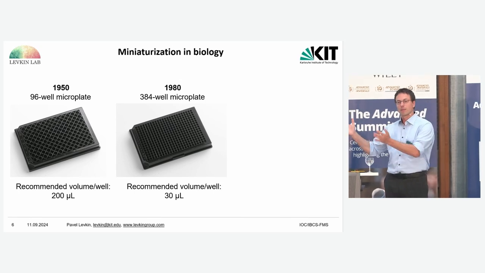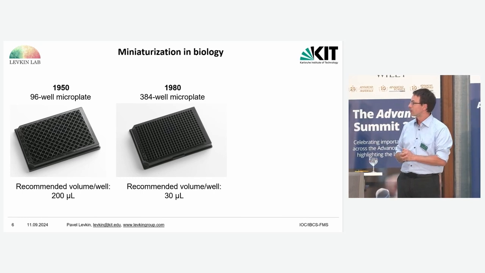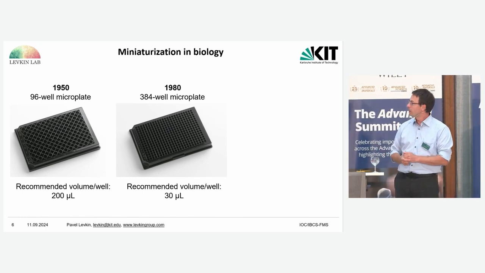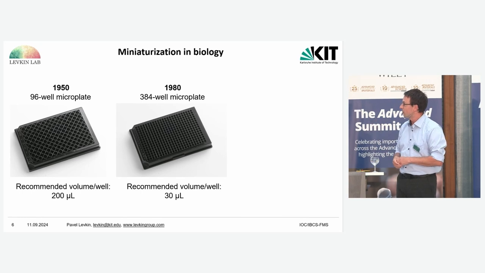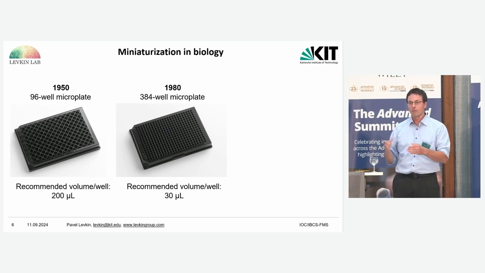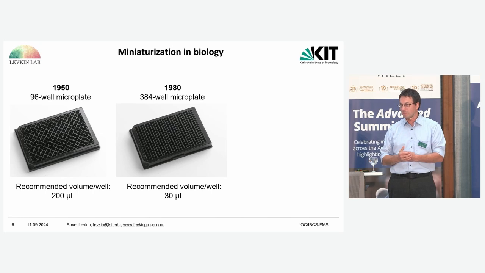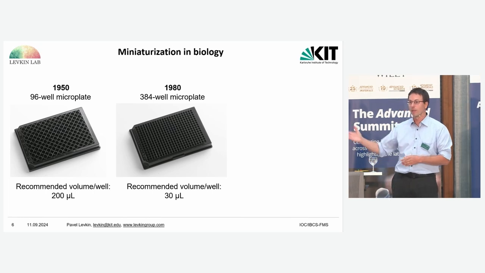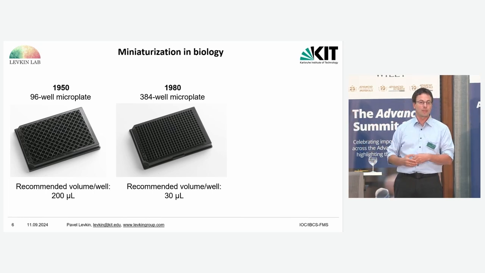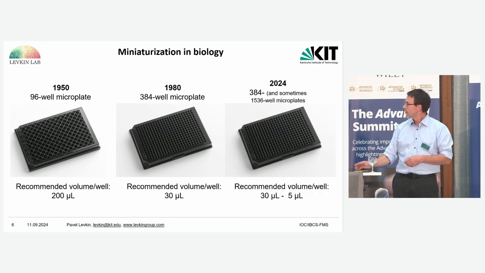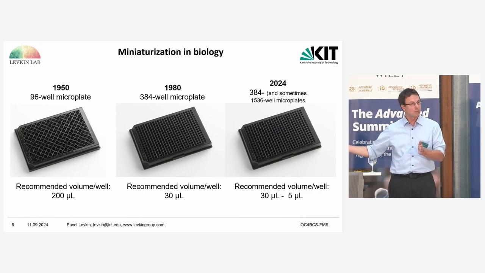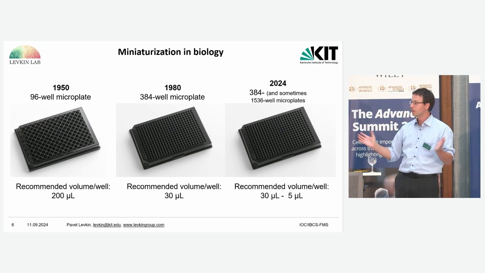But then the next wave of miniaturization happened only 30 years later when the 384 well plate was introduced. If you ask biologists nowadays, most of them still use 384 well plates or even 96 well plates. So this doesn't really follow the famous Moore's law in life sciences. There is basically zero miniaturization over the last 40 years.